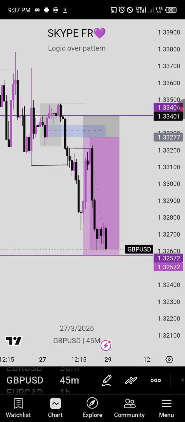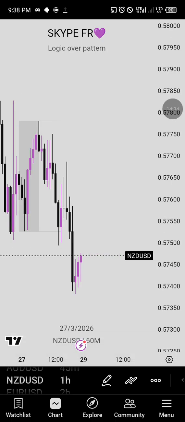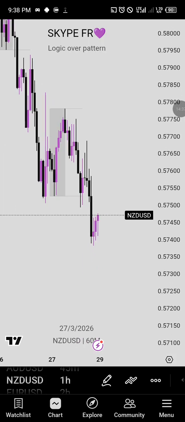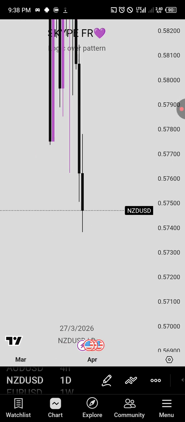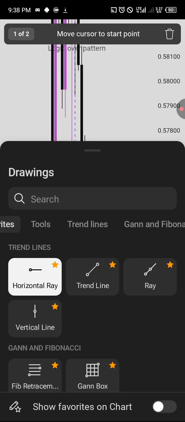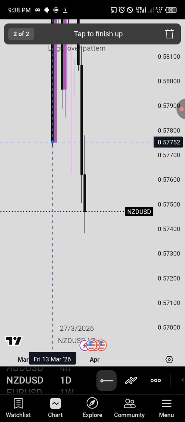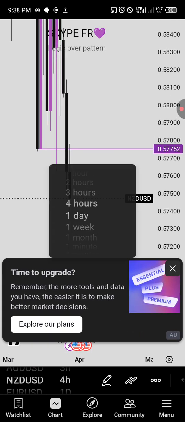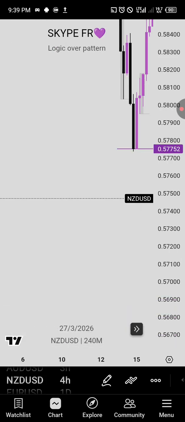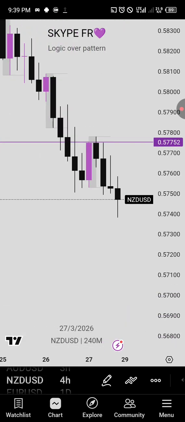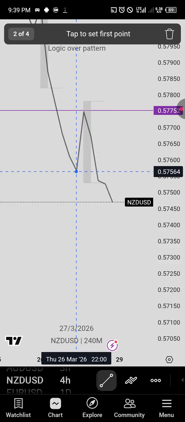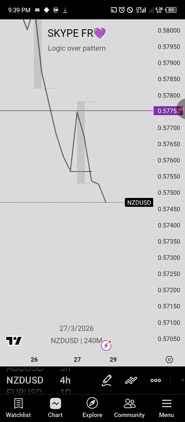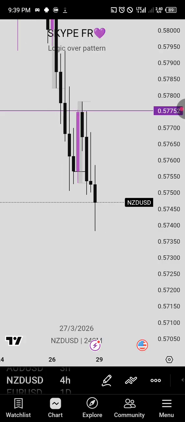Let me give one more example. We also have a similar one, let's check this, NZD USD. Same thing, price rejected from the SBR and gave a 4-hour breakout.